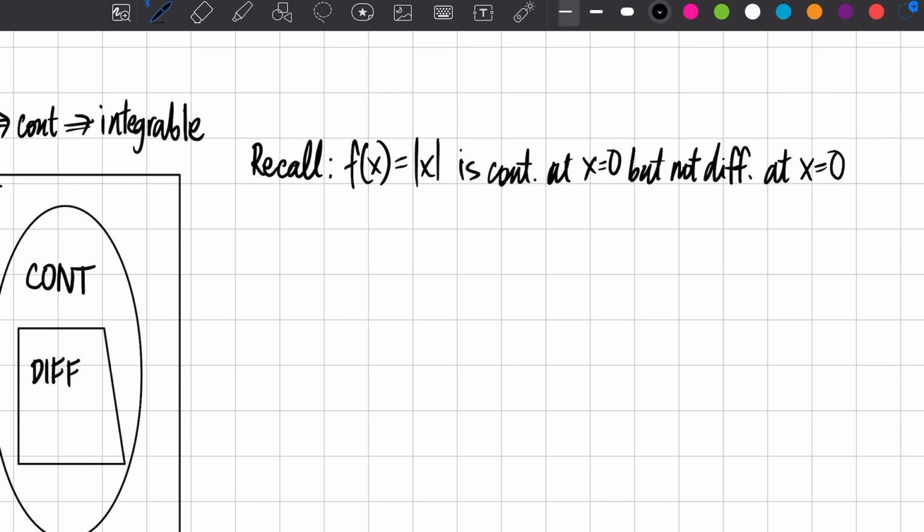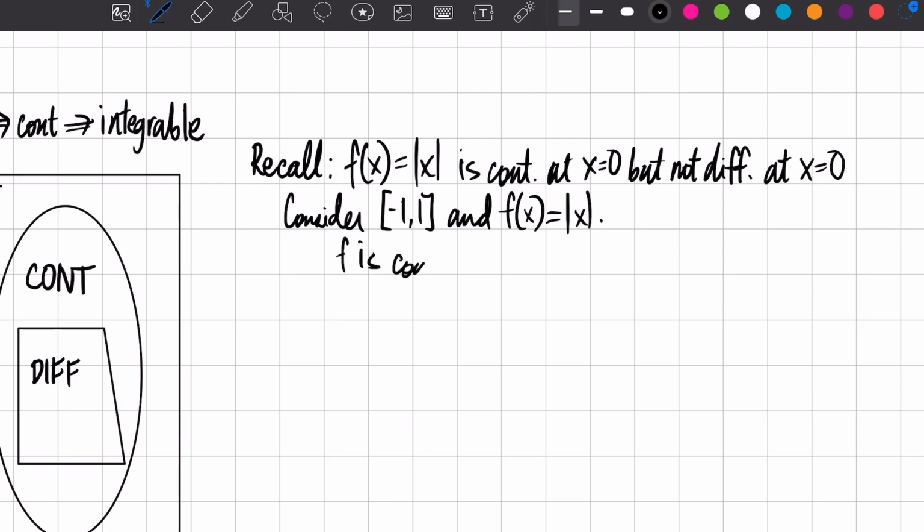So for example, if we consider the interval -1 to 1, and the function f of x equals absolute value of x, we have that f is continuous on this entire interval, and so f is integrable.